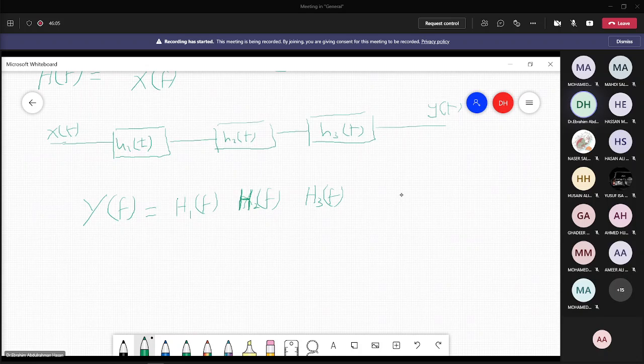And if you have more, just multiply, and all of these multiplied by x of f. So this is h equivalent of f.